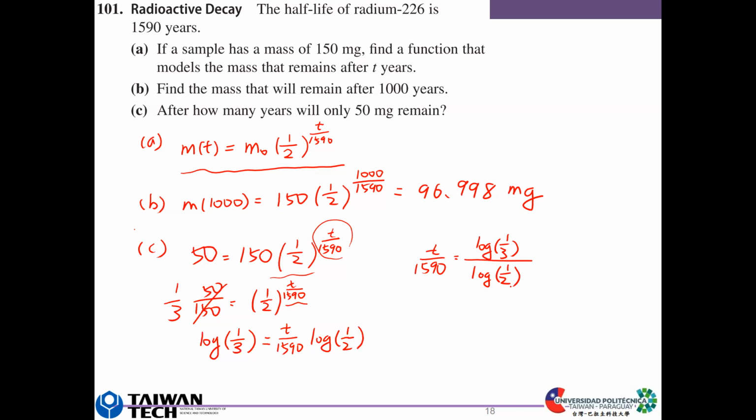Using a calculator, t equals 18.75, which is approximately 19 years.